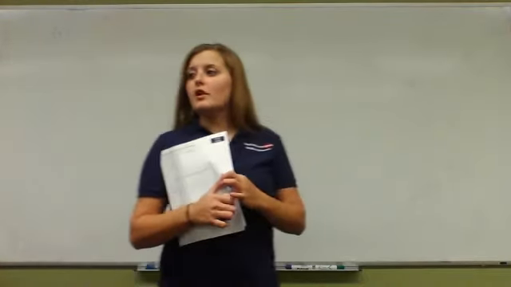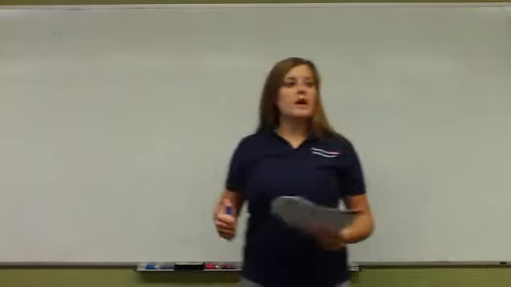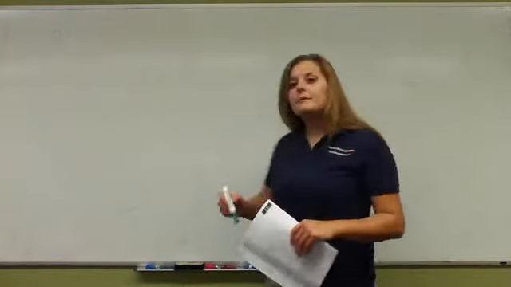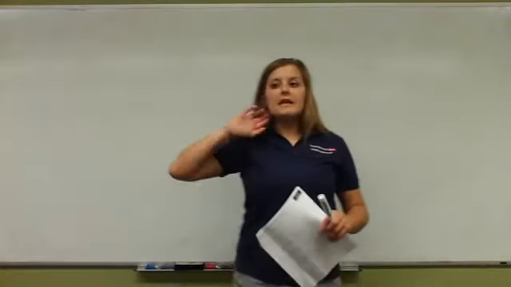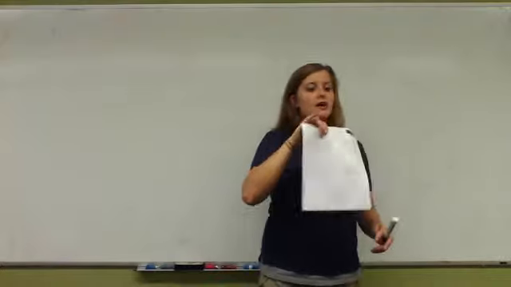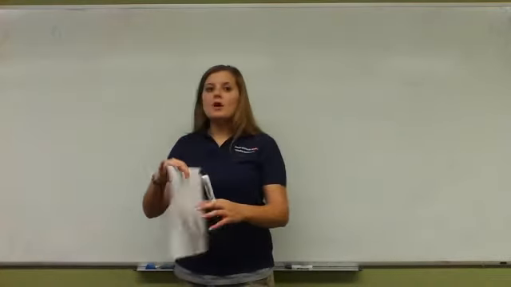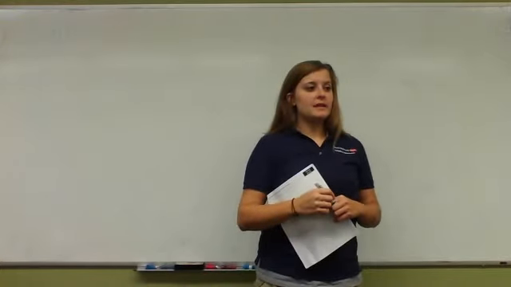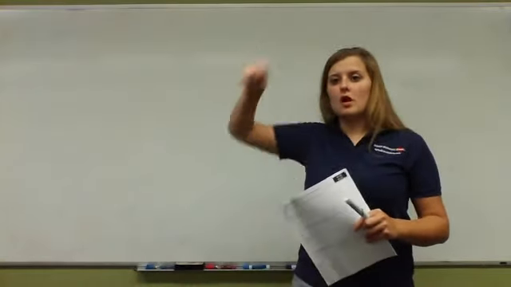Big thing we want to start off with: recognize what the directions are asking for. Okay? So when it says sketch the graph of each line, and you're given a graph on your paper, they want you to draw a line on your paper. That's what sketch a graph means. It means literally figure out where the dots go and draw a line.